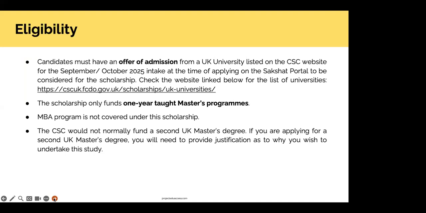However, I know of a good number of scholars, including myself, who have been selected for the Commonwealth Master Scholarship for their second master's degree. So that is not an impossibility, and you must justify very, very well in your application why the second master's degree fits not only with your career trajectory but also with the larger ethos and the developmental goals of the CSC.